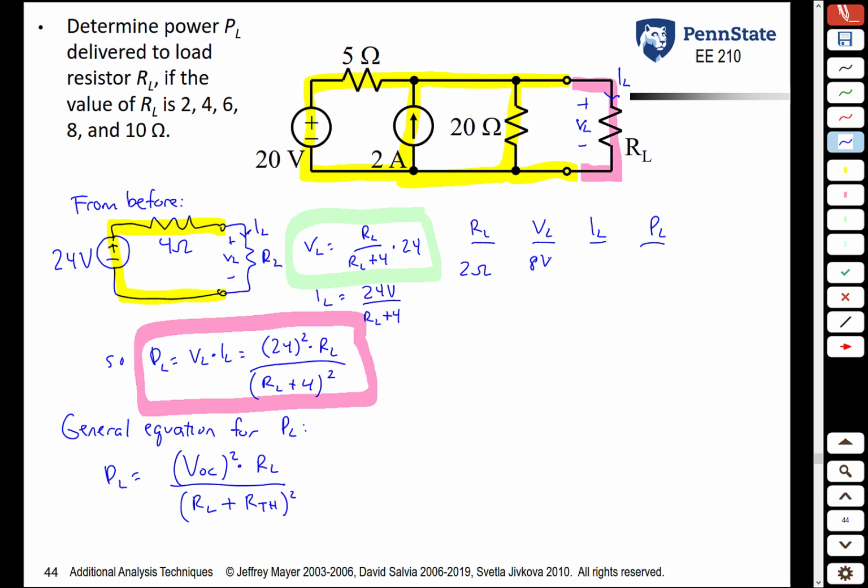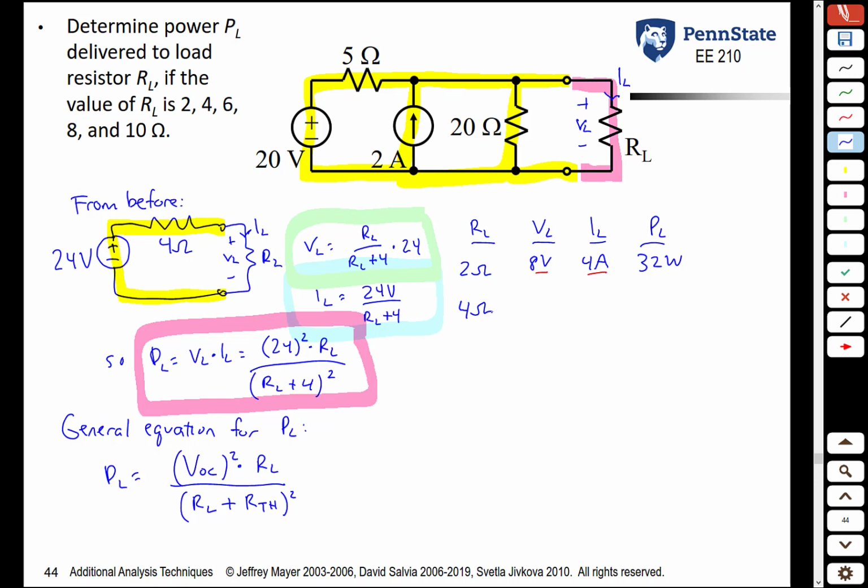We plug 2 ohms into this blue equation, and we're going to get 4 amps. If we plug 2 ohms into the equation in pink, we're going to get 32 watts. We also get 32 watts, by the way, by multiplying 8 times 4. Let's do that again when RL is 4 ohms.